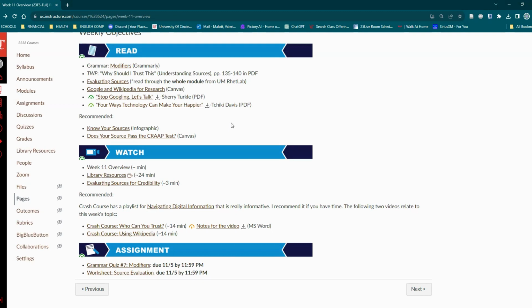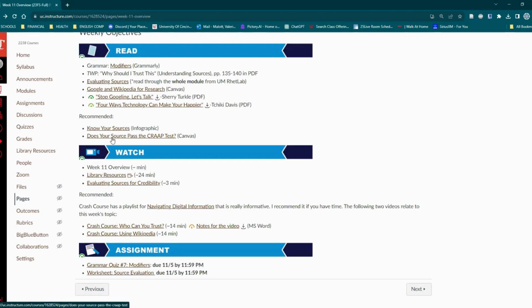This is what she has been writing about for, I would say, the bulk of her career, researching digital technology and how that affects us as people. And then Chicky Davis is a researcher on happiness. So make sure that you read these two sources.